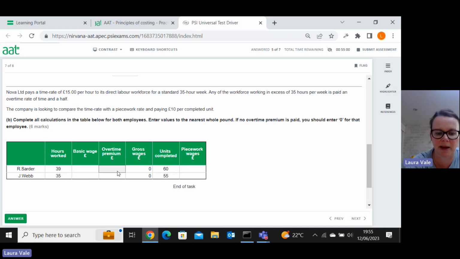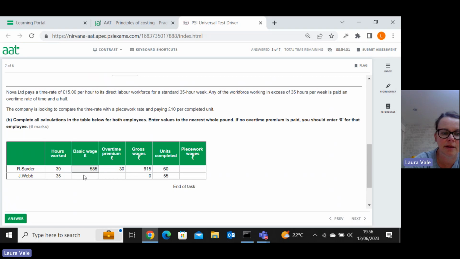So £30, and it says to the nearest whole pound. So that's in there. The basic wage, because it was the overtime premium in this column, must therefore be all 39 hours multiplied by the £15 per hour, which is 585. It adds that up for me.